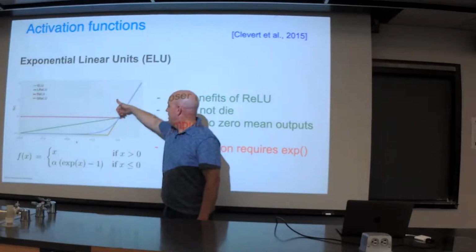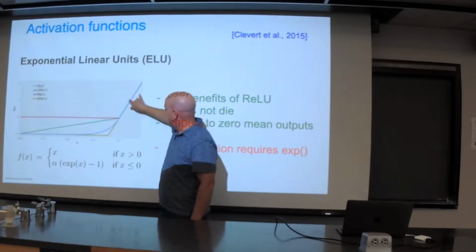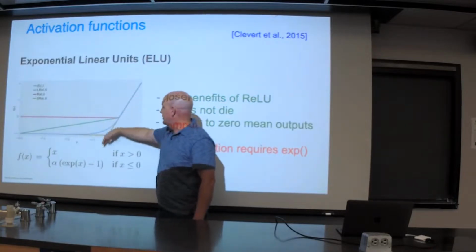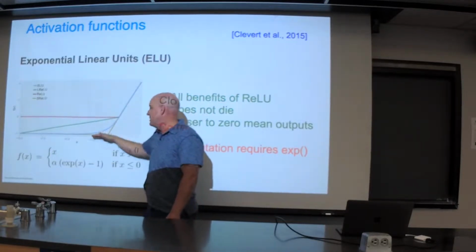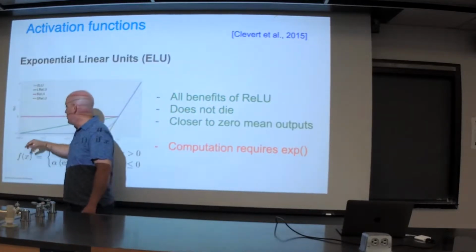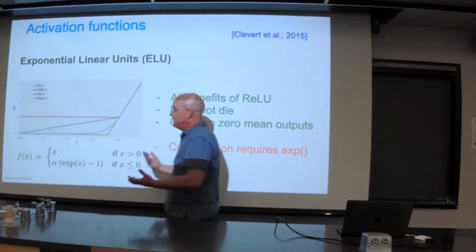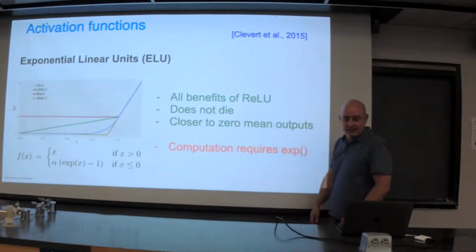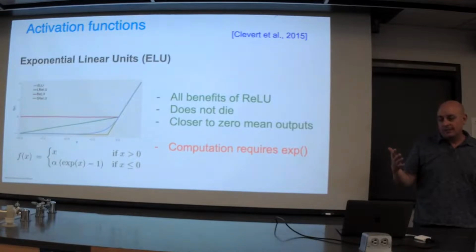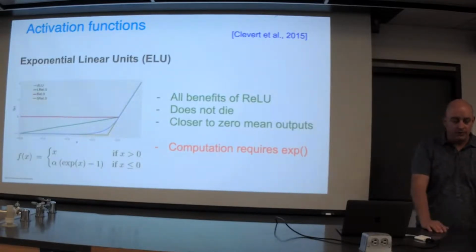You could allow the range, instead of being at 0 where we change the slope, to go down to -1 when we change the slope, and then maybe at 0, or have a slope of 0.01 and then a slope of 0, or you could imagine putting all these things together. Turns out that in general, these don't really give you much benefit or any benefit at all over ReLUs.